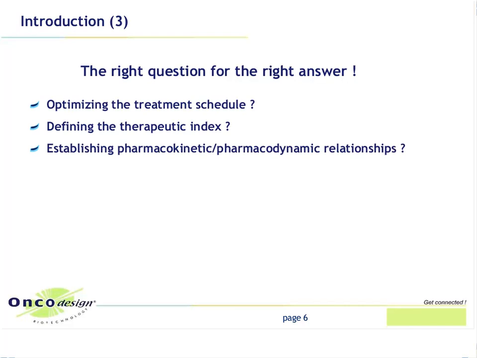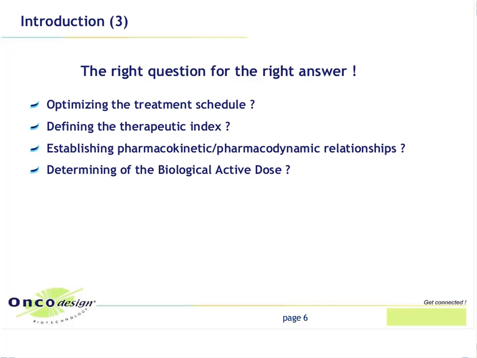Thus, we have to establish pharmacokinetic pharmacodynamic relationships, where we have to establish the relation between the concentration of drug and its effect, whatever the effect. Thus, we have to determine the biological active dose. It's quite true now for targeted therapy.